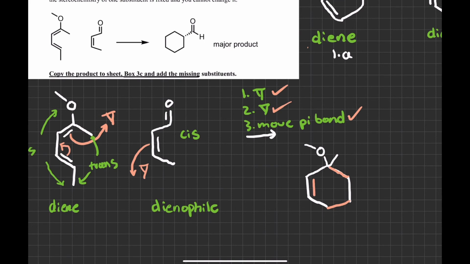Now let's include all our substituents. So we had a methyl group down here. We also had another methyl group over here because of the dienophile. So this methyl group right here came from the diene. And the last group we add is this right over here. Okay, so now we have all our substituents down.